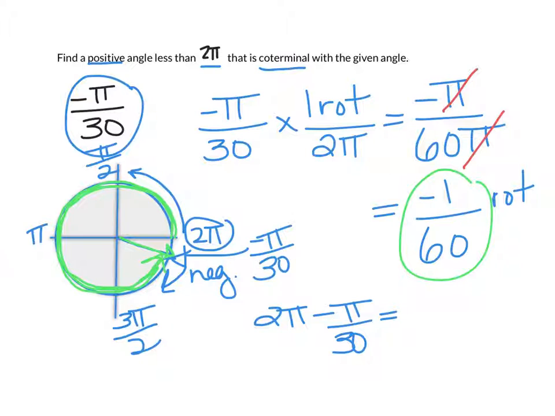One of the things I have to do is that I can't subtract pi over 30 from 2 pi because I don't have like denominators.